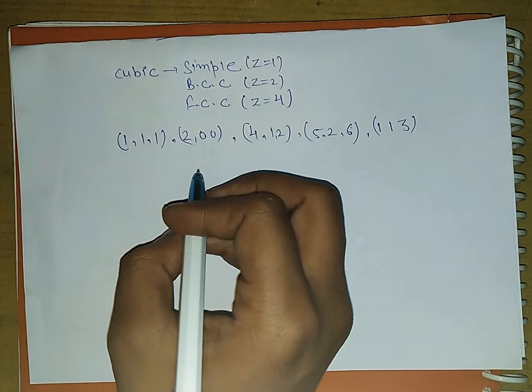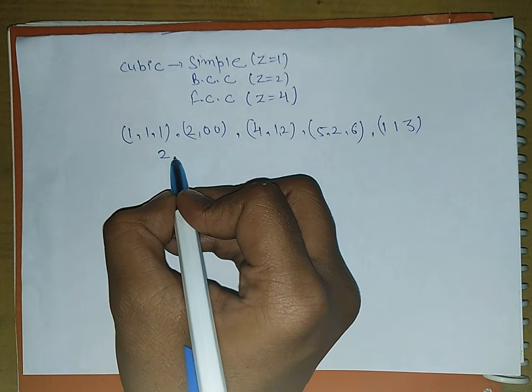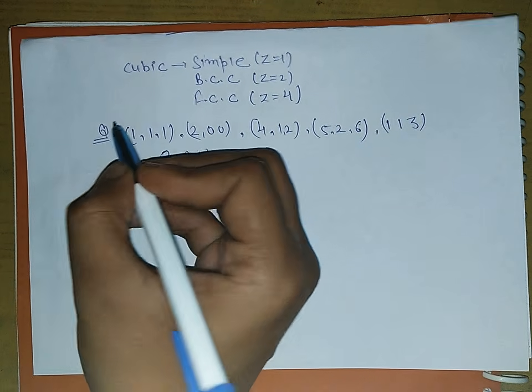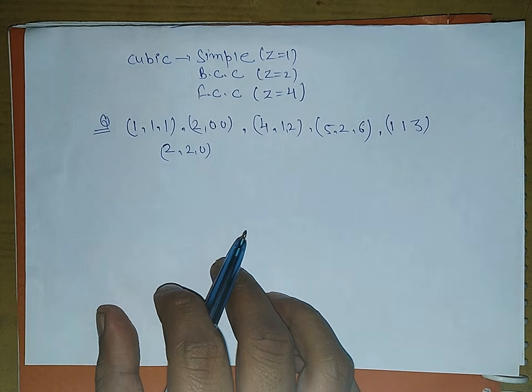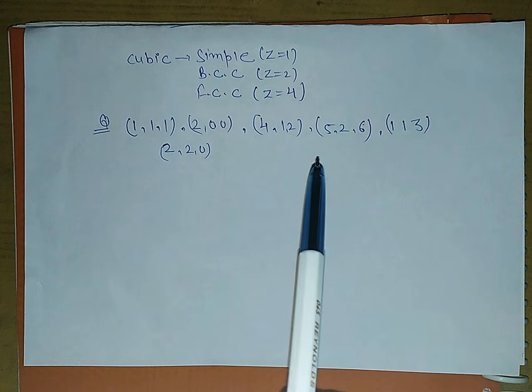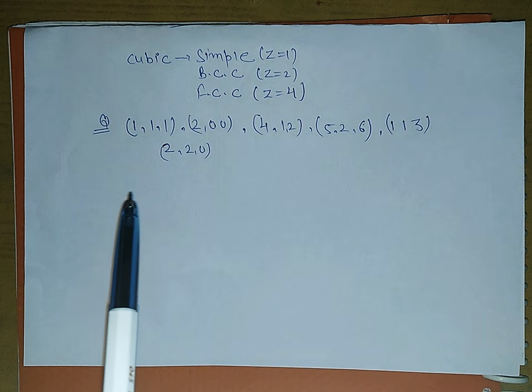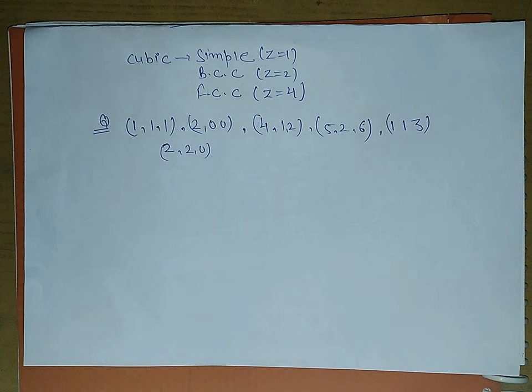Let me take one more: this is 2 2 0. If in the exam it was asked that out of these planes which will lie in BCC, how to do that?